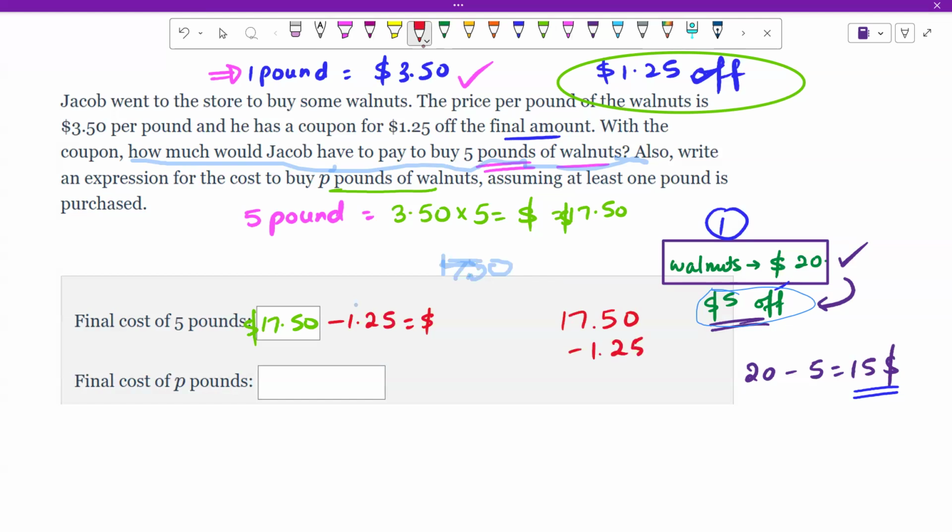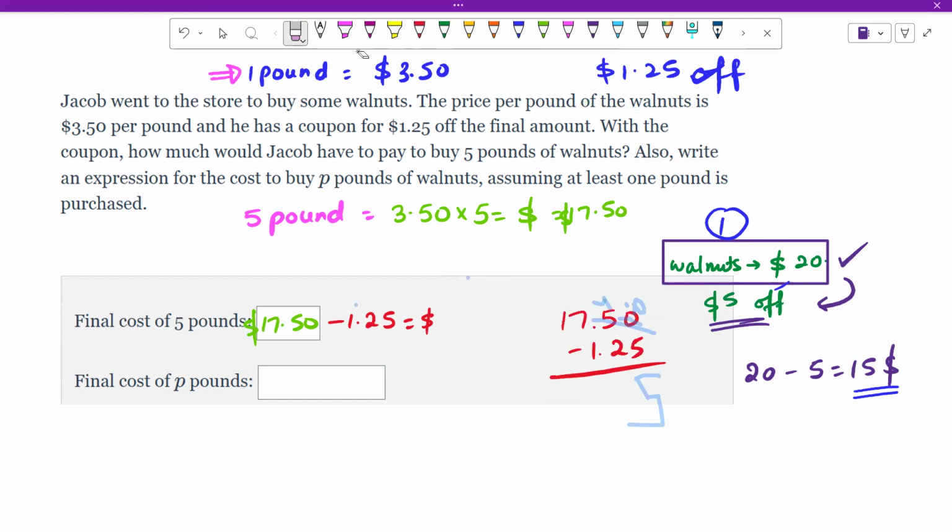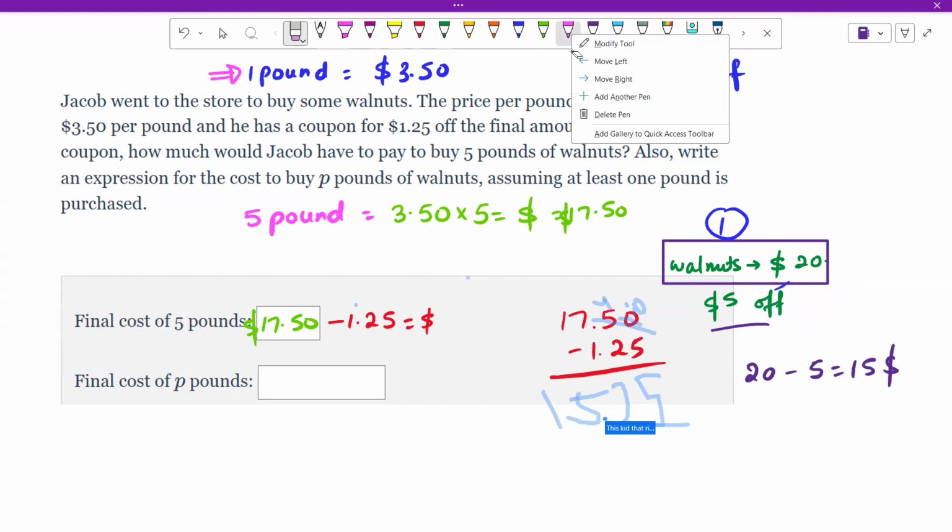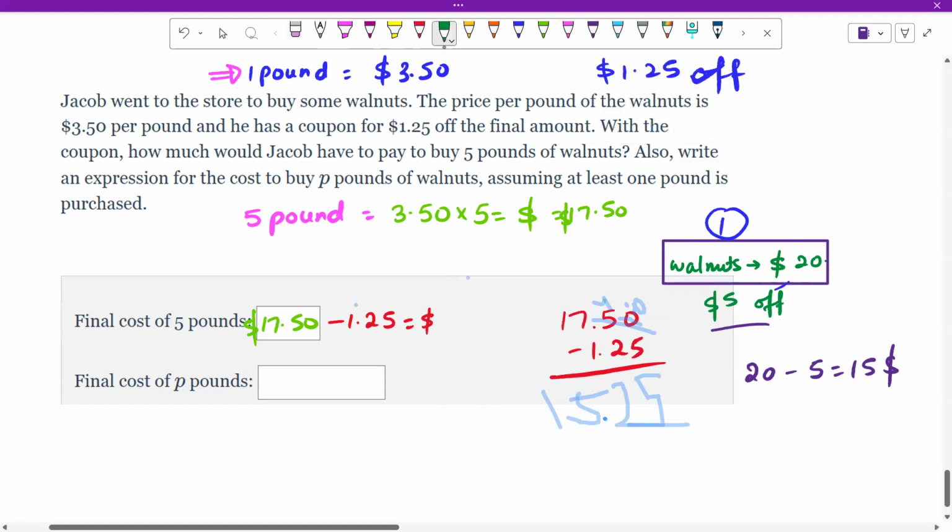Sure. 15.25. Yeah. So this is the final amount he has to pay.